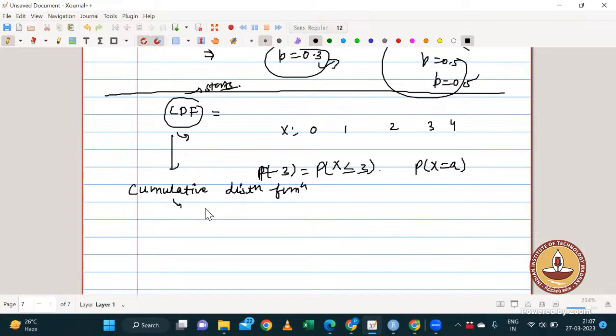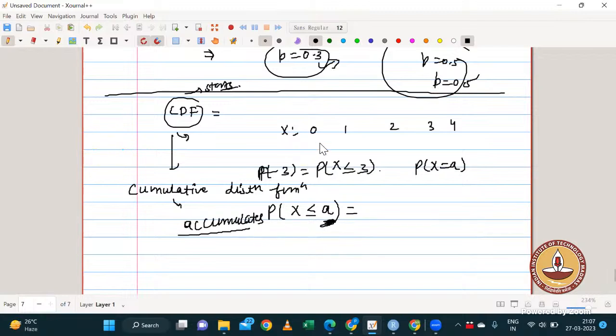Suppose I want the probability that x takes values less than or equal to a. That means we have to accumulate all the probabilities till this point, not the probability at a particular point.